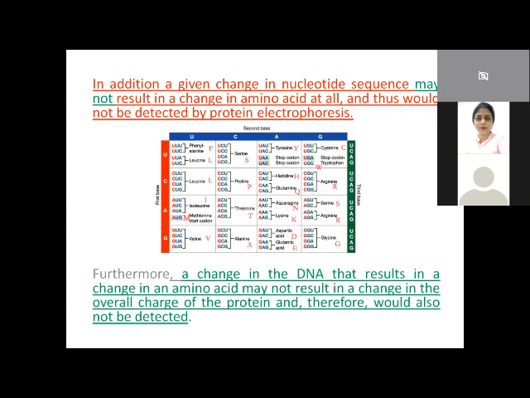So you will not be able to detect it even though there are two different amino acids, because they have the same charge, so there will be no charge difference between the two forms. When you go for electrophoresis, you won't get any difference between these two individuals. One carries aspartic acid at the 7th position, another carries glutamic acid at the 7th position. Okay, so these are some of the disadvantages of protein markers. Okay, so this is about today's class.